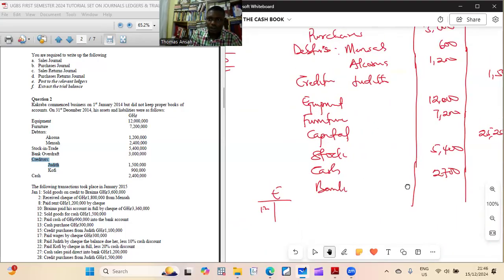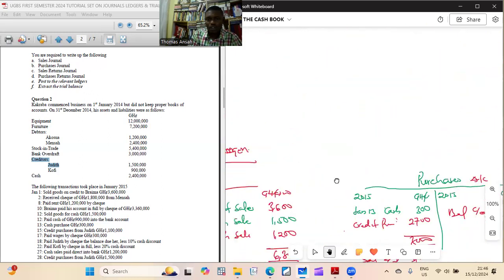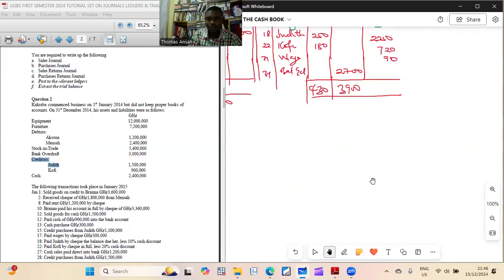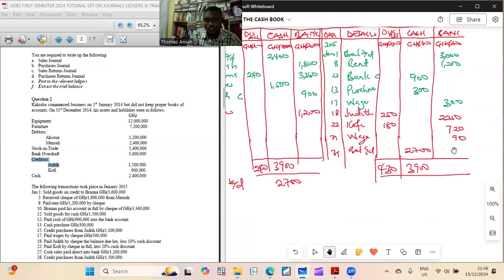So that is that. Now, what about bank? Let's go and see the bank side. So now when we come to the bank side of the cash book, which side do you think has the highest figure? If you check, you realize that it looks as if this side has the higher figure. So you have 3,000 plus 1,250, 1,002, sorry, plus 300 plus 2,250 plus 720 plus 90.